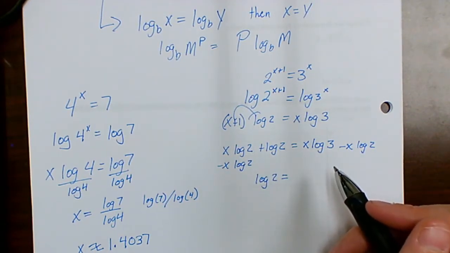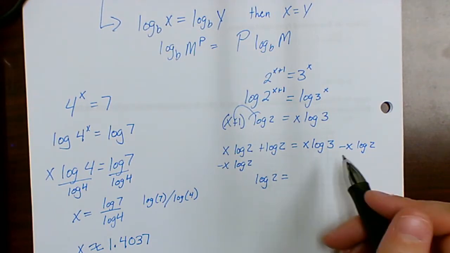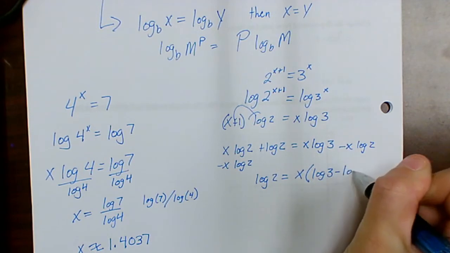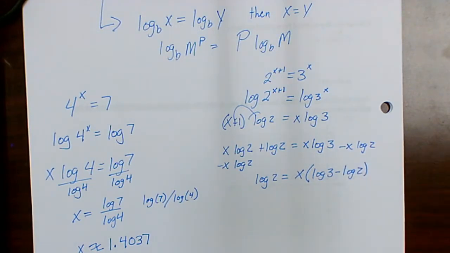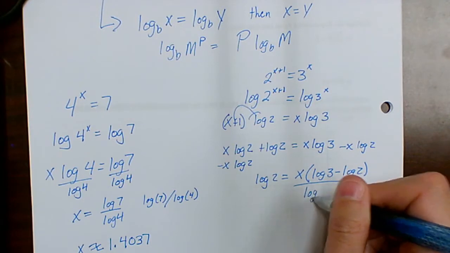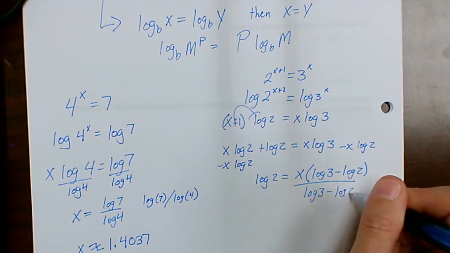Or no, not condense it yet, excuse me. Since we have two x terms, we can actually factor out an x because we want a single x. Then I'm going to leave it as log 3 minus log 2. Now we can divide that off.